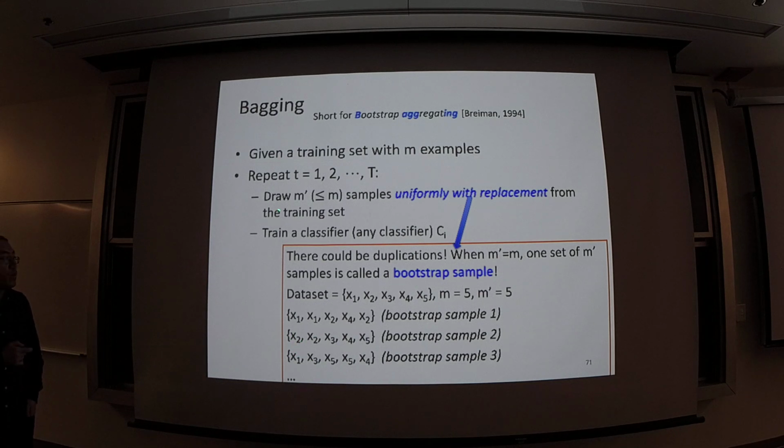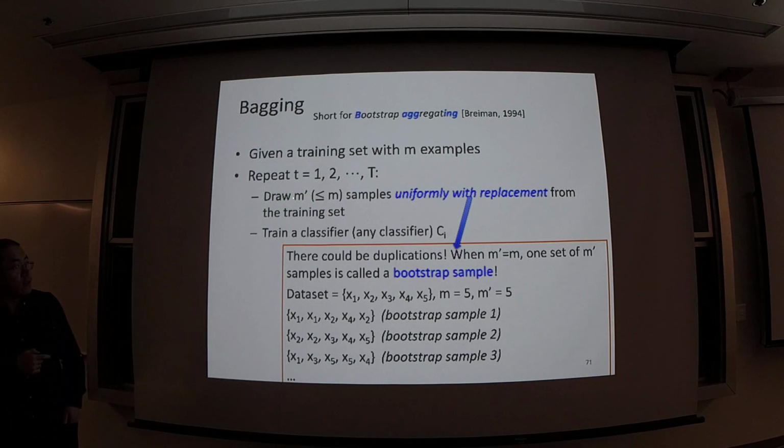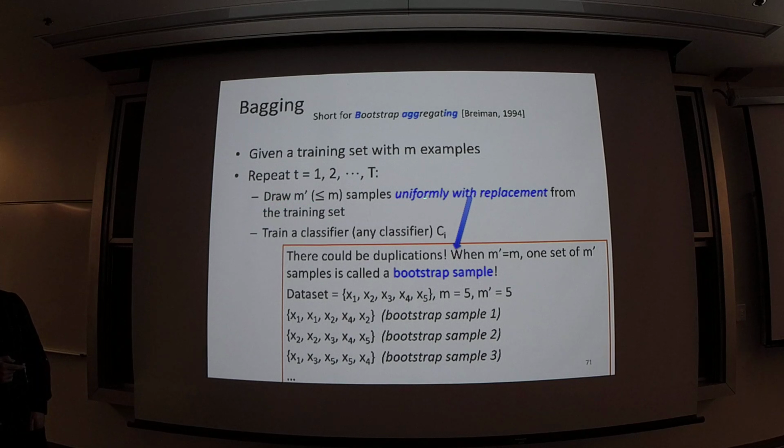If the number of samples we draw uniformly with replacement from the original set is the same as the total size of the original training set, then we call this set a bootstrap sample. This is a concept from statistics.